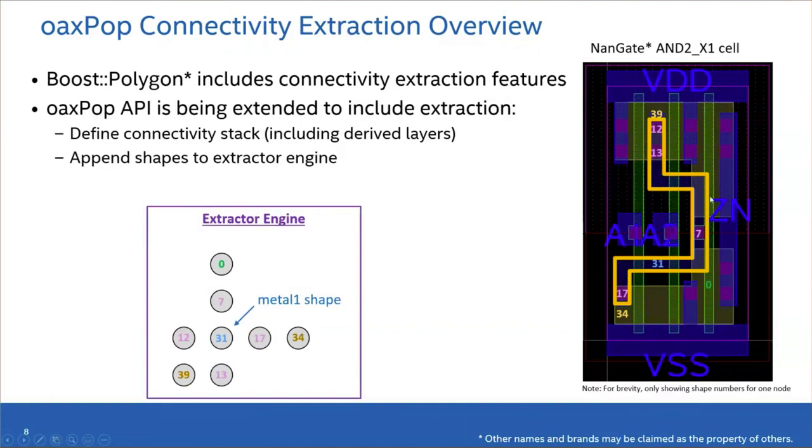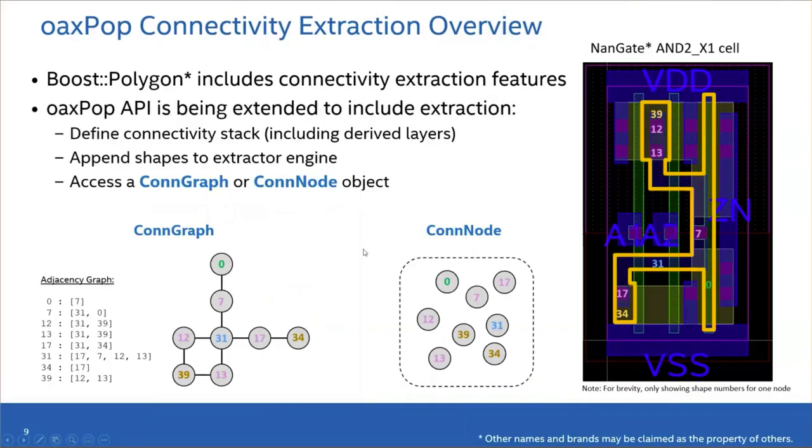That metal 1 is added, and then when you run the extractor and you say, okay, give me the result, then it associates all of those shapes as being connected to something that's sensible, basically a net. So this node says that based on the connectivity buildup I had previously defined, if I just select one of these shapes, it will provide a path to all of the other shapes that are electrically connected to it using an adjacency graph, through traversal.